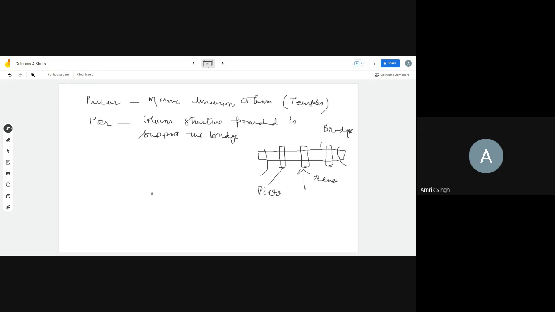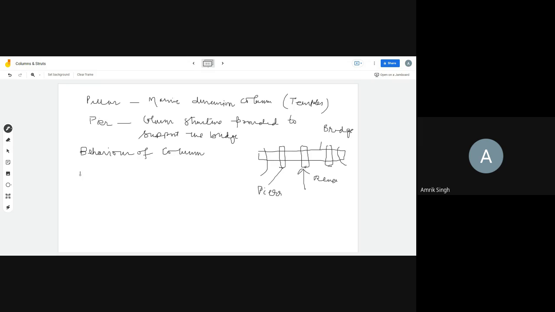So for designing a column, dimension is important, so we say behavior of a column.